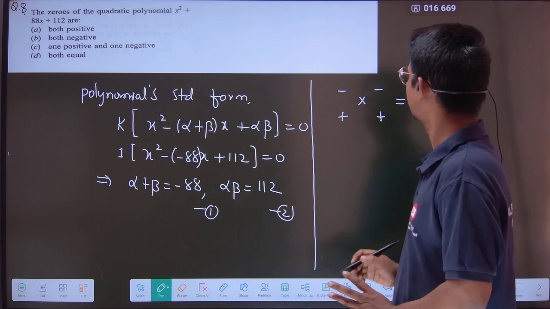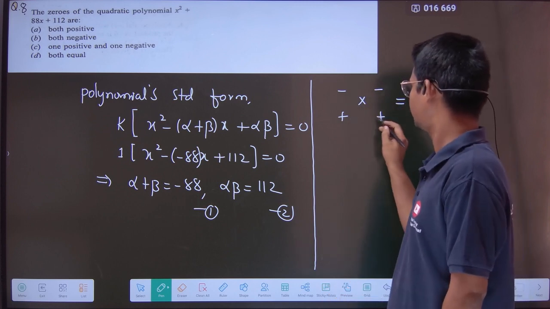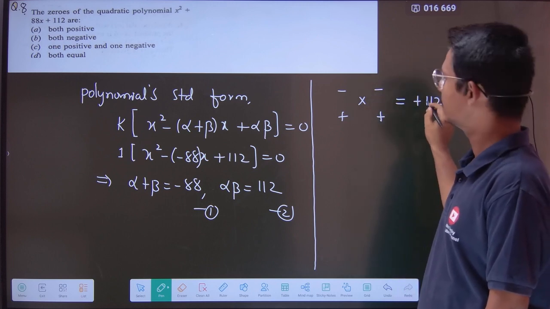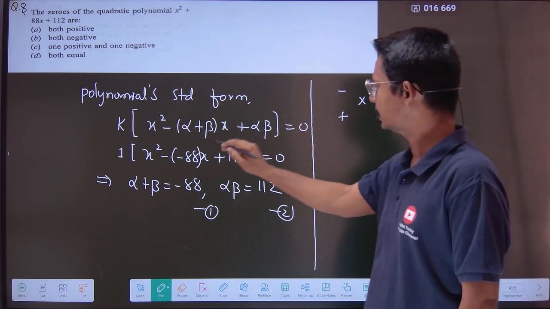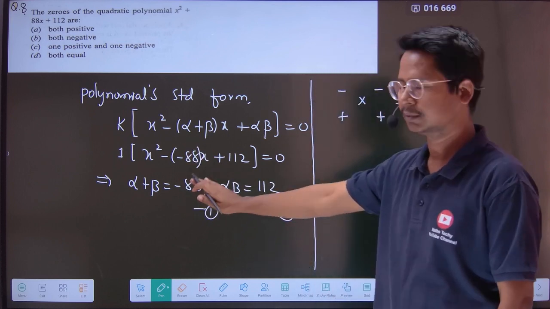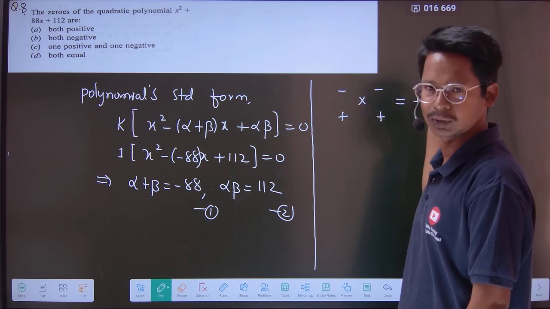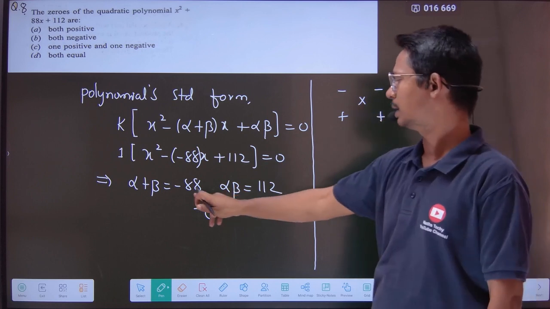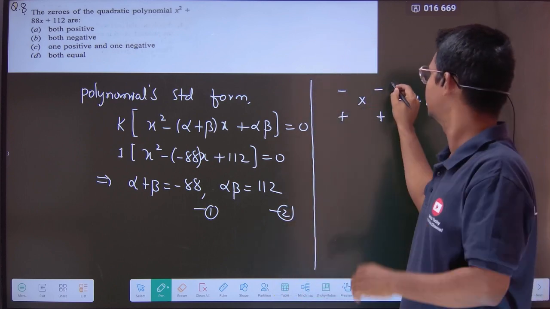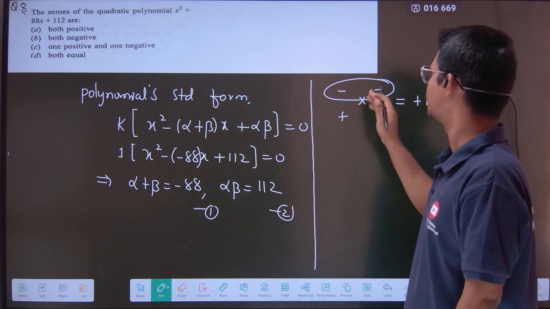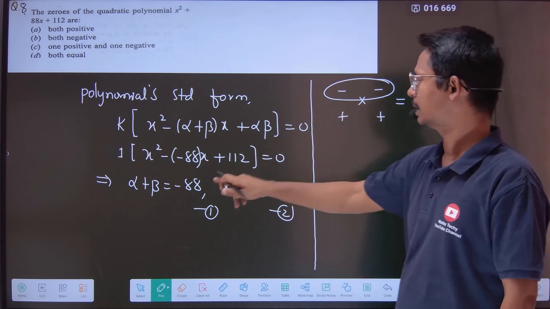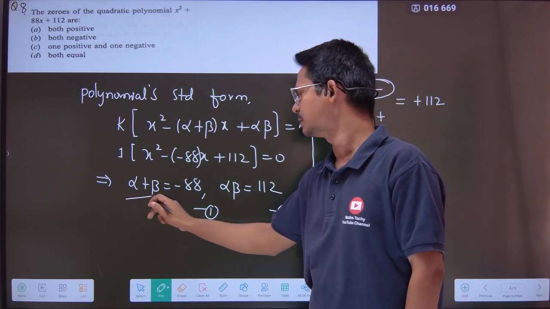Now again, if I consider both positive, yes, both zeros positive, then multiplication will give positive. But if I add both, will I get plus 88? No, I'm actually getting minus 88, but with plus and plus I should get a plus only. So here I have minus 88, so there is a mismatch. It means both zeros must have a minus. If both zeros, if you multiply, you will get plus 112, and if you add, you will get minus 88, because this is the sum of zeros.